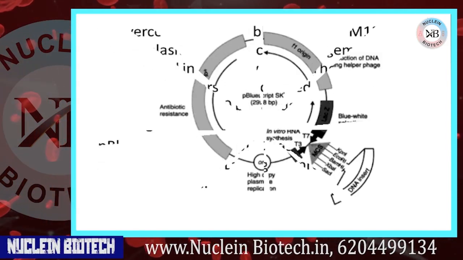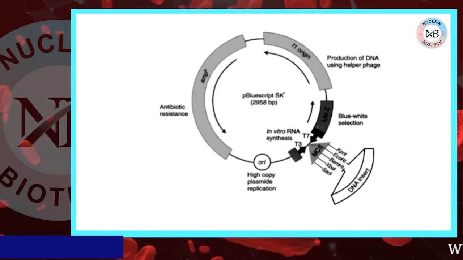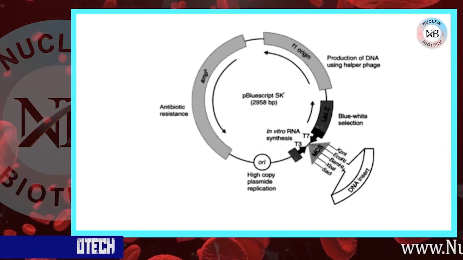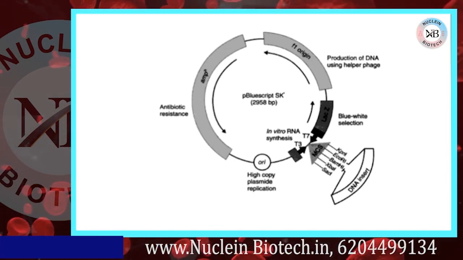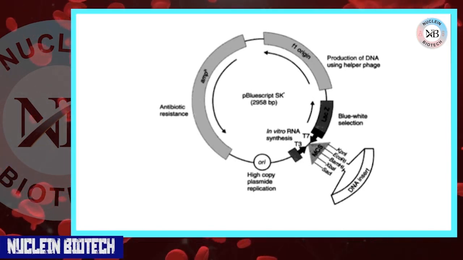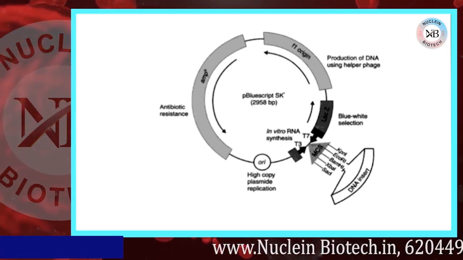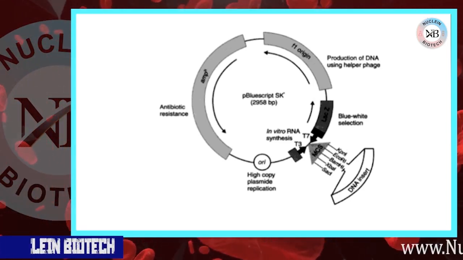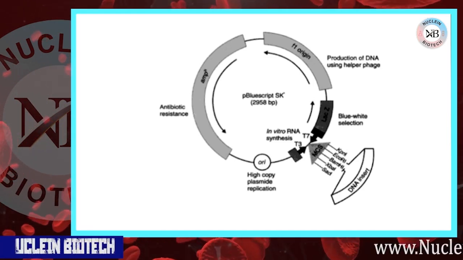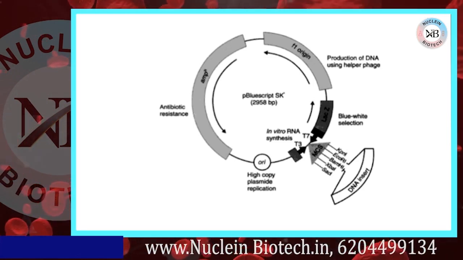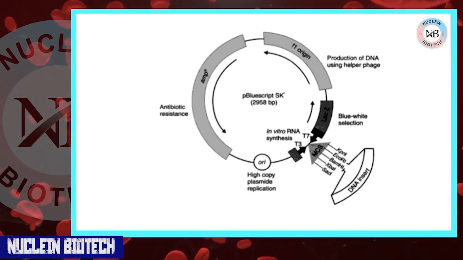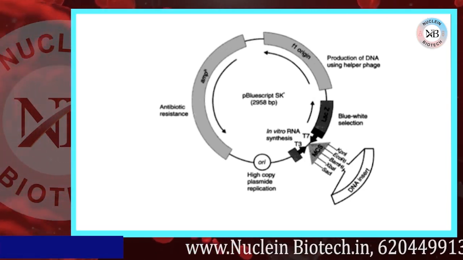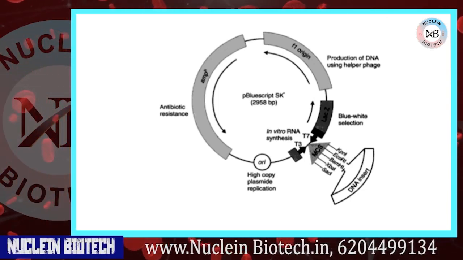Multiple cloning site bordered by T3 and T7 promoters to read in opposite directions on the two strands to direct the in vitro synthesis of RNA. Selection of recombinant DNA molecules through blue-white clones on X-gal plate through the lacI gene in the upstream portion of the lacZ gene.